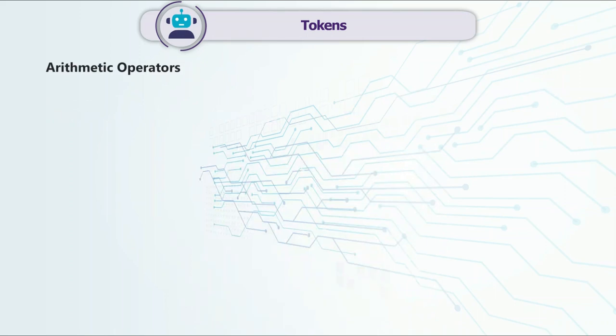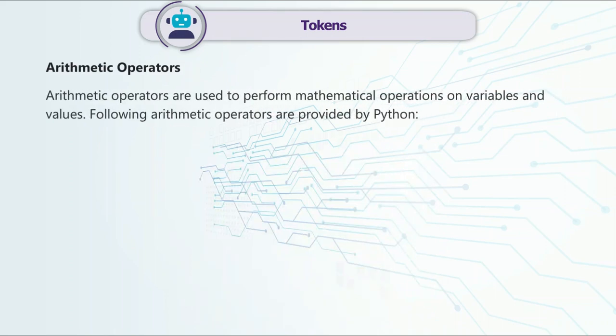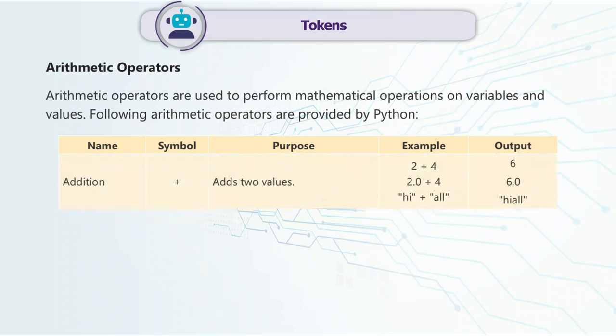Arithmetic operators. Arithmetic operators are used to perform mathematical operations on variables and values. Following arithmetic operators are provided by Python: name, symbol, purpose, example, output.